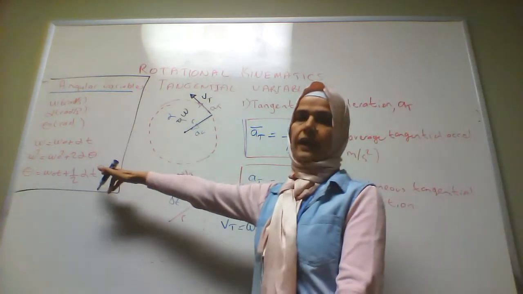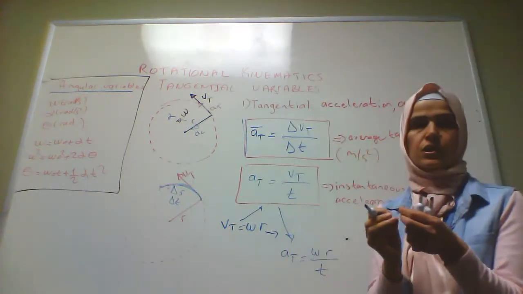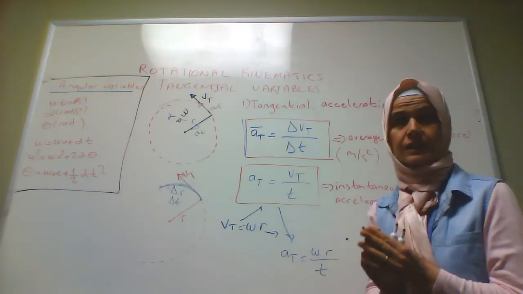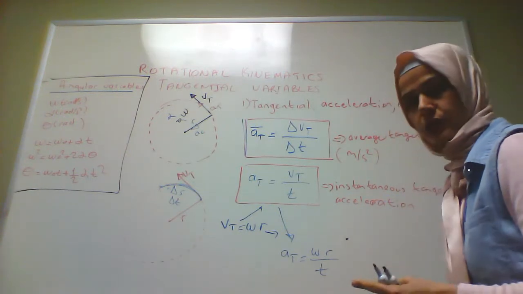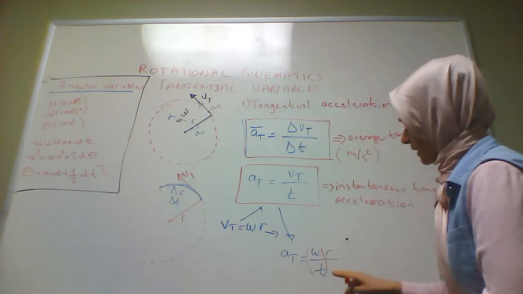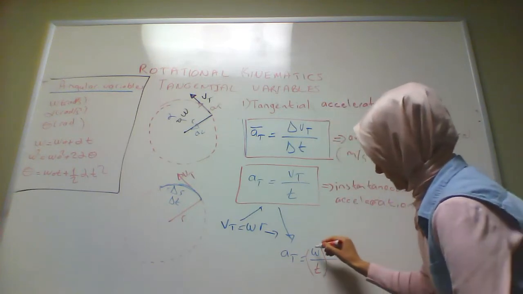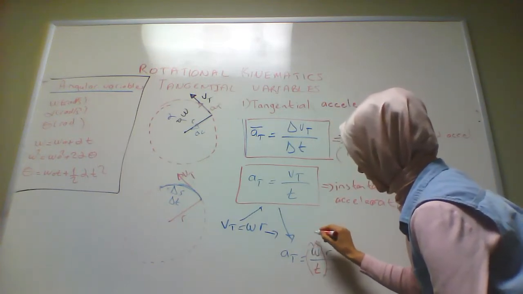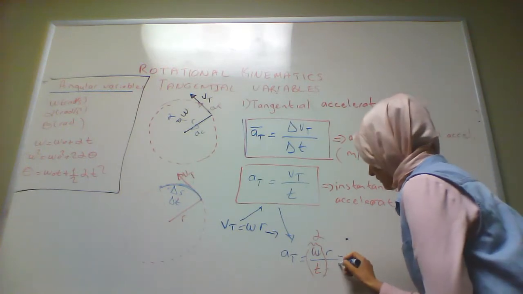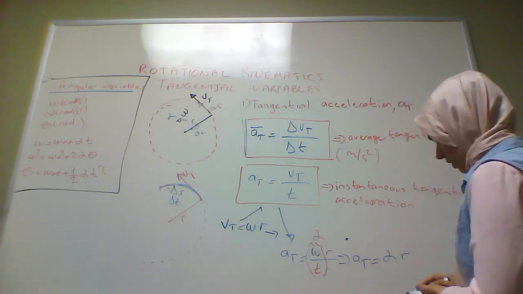And before, in the angular values part, what we learned for angular acceleration is the change of angular velocity per unit time. So angular velocity divided by time was equal to angular acceleration. Replacing this part by the angular acceleration, we're going to find a very useful equation for tangential acceleration. It's equal to alpha times r.